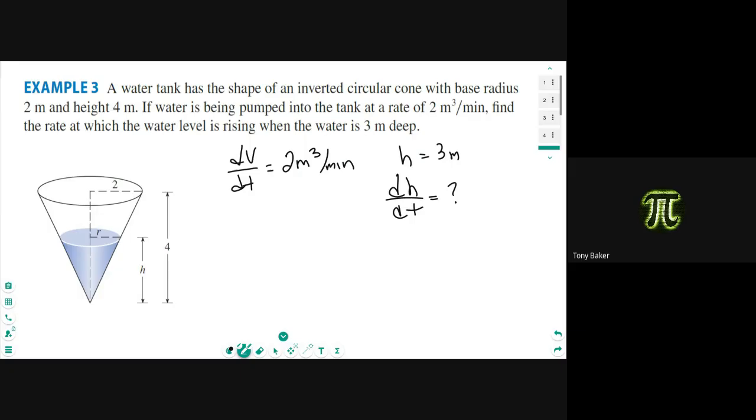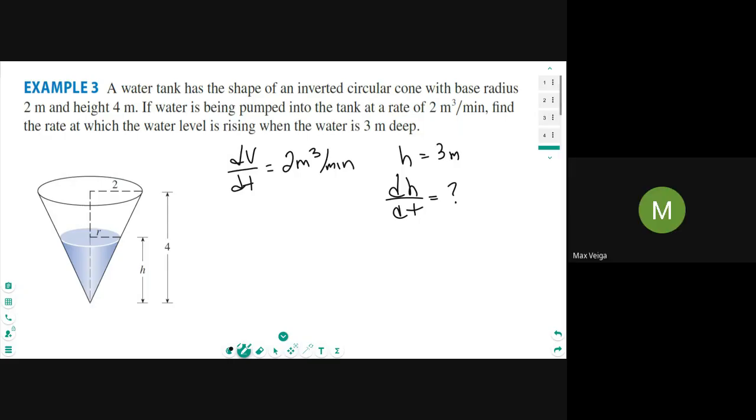All right. So what's the formula I'm going to need to relate these? We're trying to relate volume to height. So what's the formula that's going to relate volume to height?